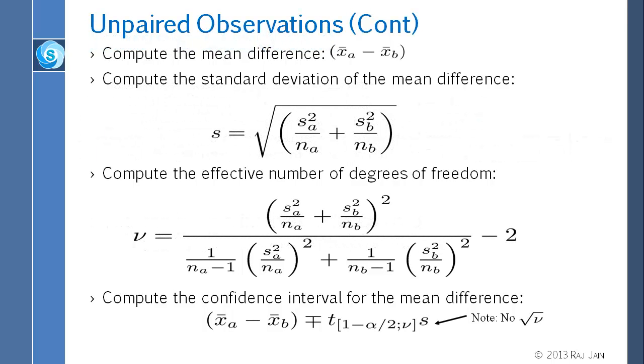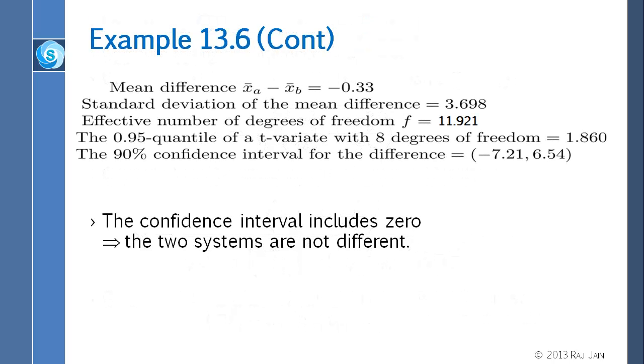Degrees of freedom came from this big formula, and comes out 11.921, which is actually not that different. I could have just used 12 there, because we had 6 observations. But anyway, 11.921 is not listed anywhere, so we take it as 12. So we go to the table with 12 degrees of freedom and 0.95, and we find 1.71.